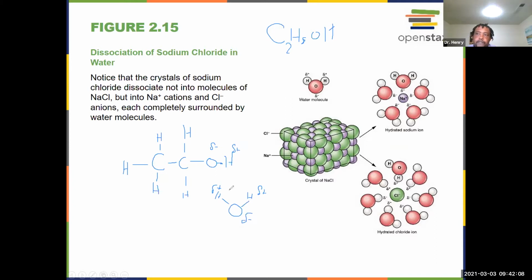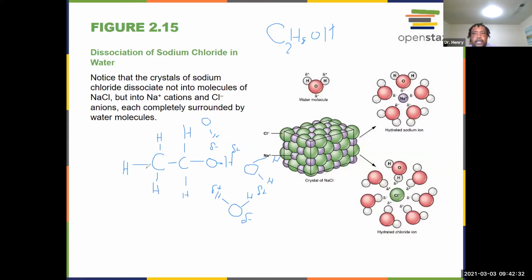So then the partial negative is going to interact with this hydrogen. So it's going to form a hydrogen bond. So the water is going to come along and orient itself like this. And then the hydrogens are going to orient themselves towards this oxygen and form a hydrogen bond. So then it keeps the alcohol in solution as well.